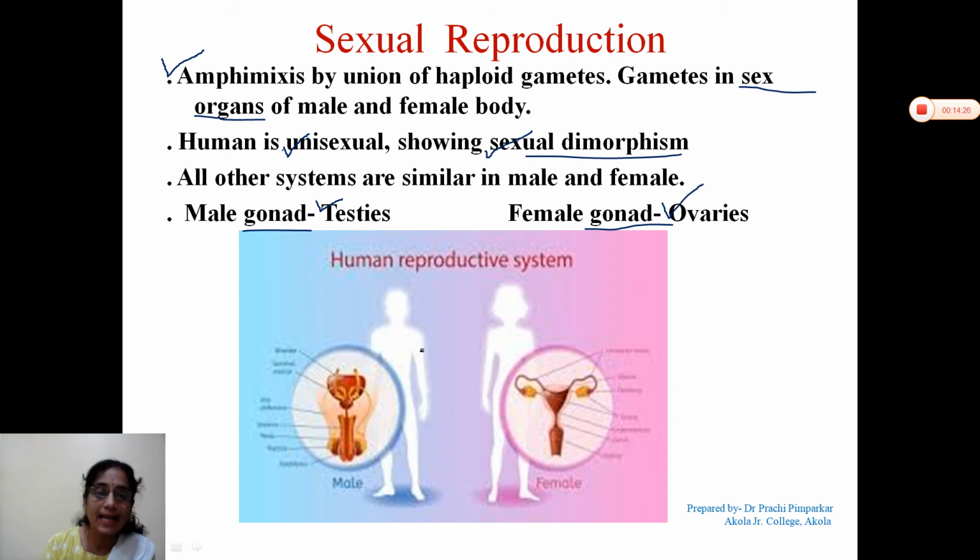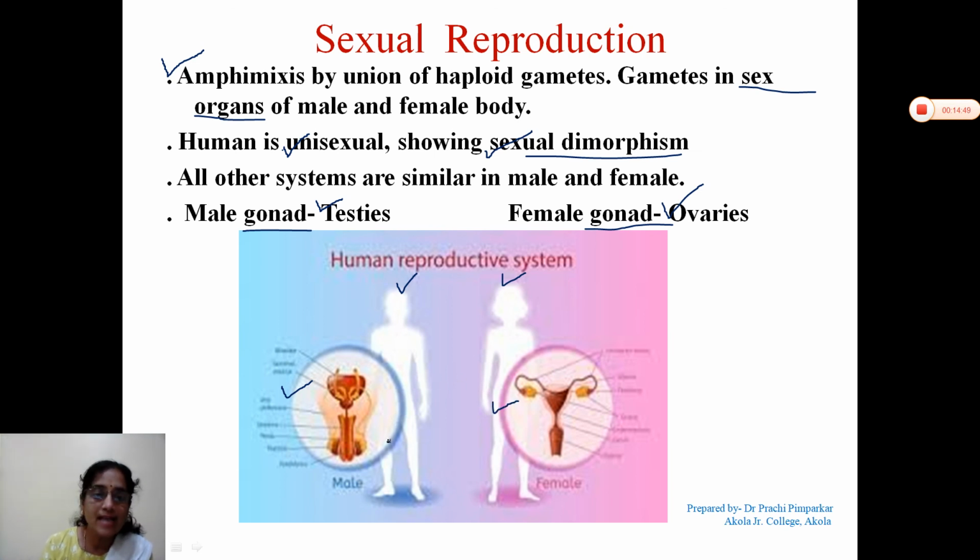See in the diagram, he is male and she is female. All the other body is similar, but the difference is the reproductive system. In the male, see, this is the reproductive system we are going to study from the next period. And this is the female reproductive system.